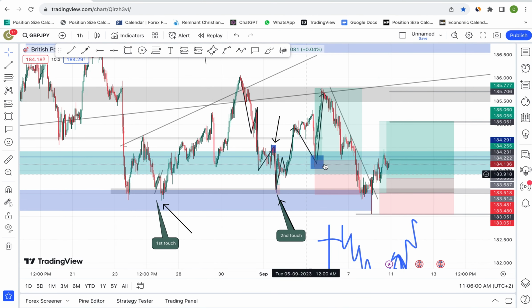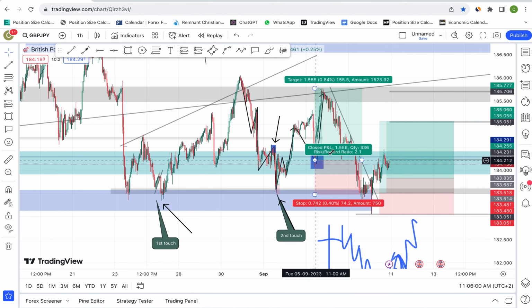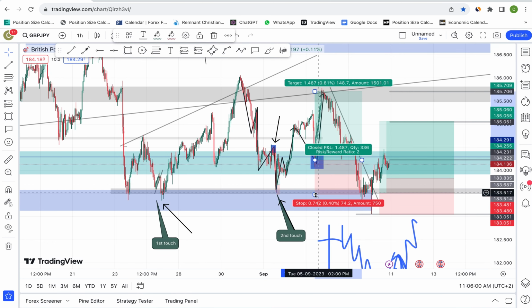So you take your trade right here. You take your trade right here. Take your trade right here and aim to this area. Aim to this area right here.